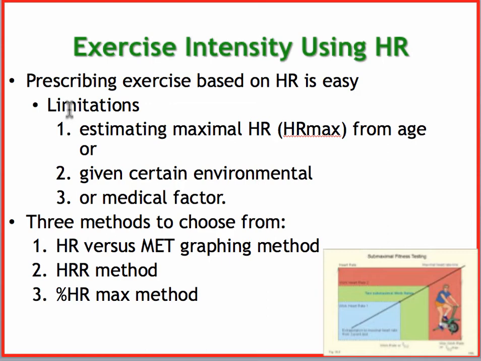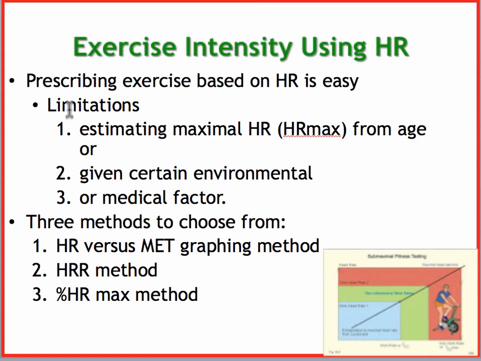For younger people, 220 minus age tends to overestimate their maximum heart rate, whereas for older people, it tends to underestimate maximum heart rate. So there can be almost 20% difference in estimated heart rate max and actual heart rate max. So you want to be aware of that difference, and when possible, determine what maximal heart rate is when it's safe for your person.